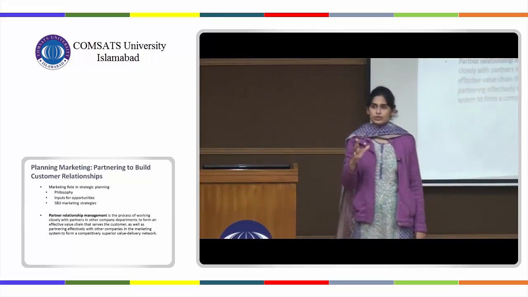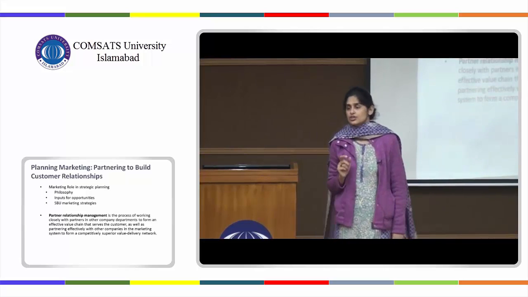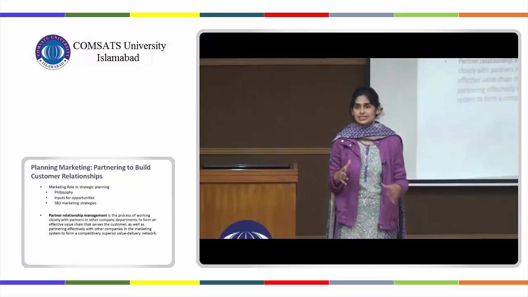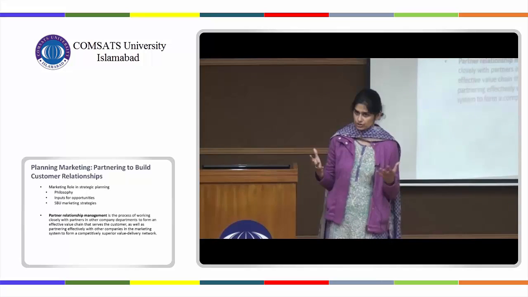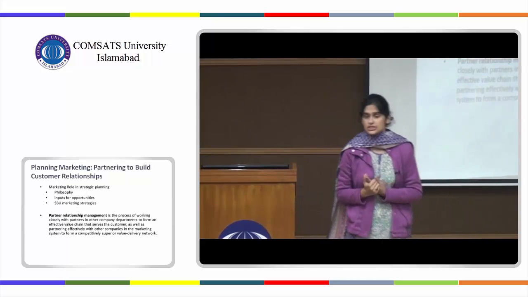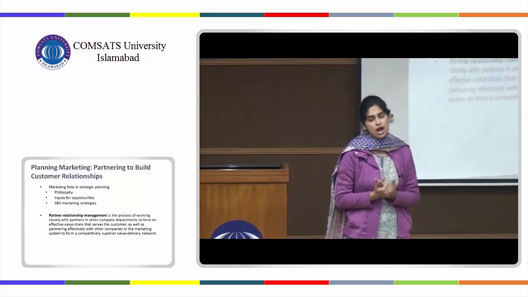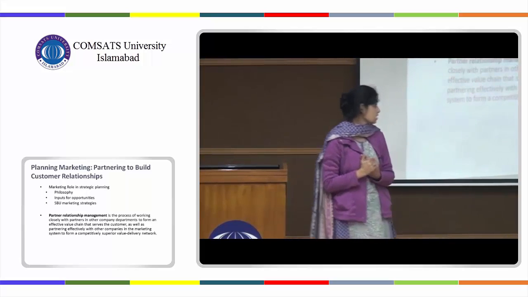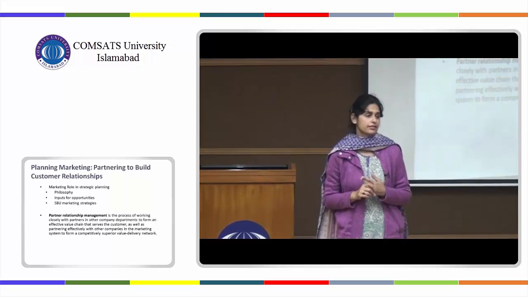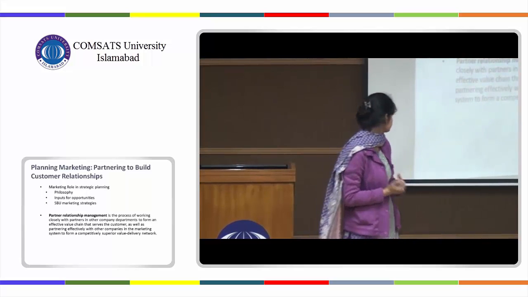So since they have the input, they give this data to the top management, and then based on that data, top management sets the scope for the organization, right? So the inputs for opportunities come from the marketing department. Then SBU marketing strategies again are developed by marketing, right?